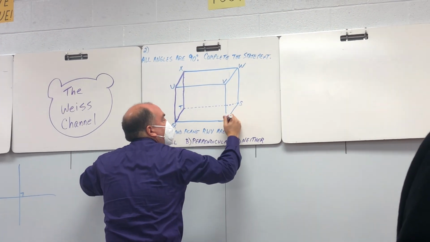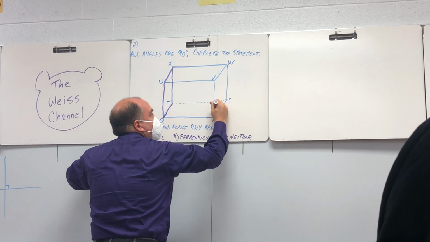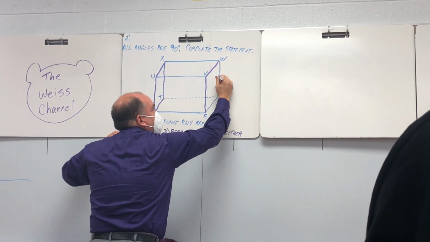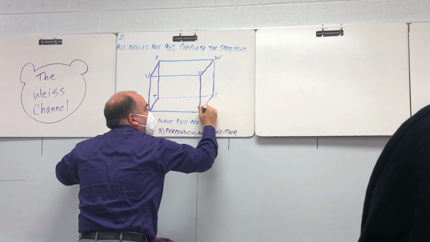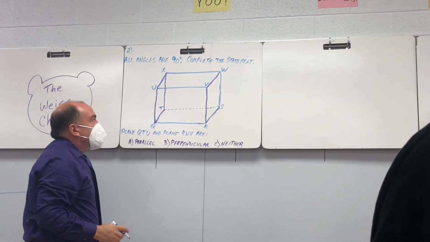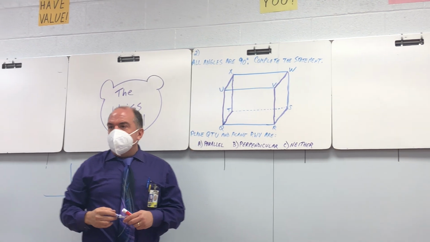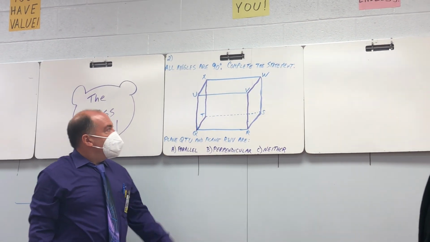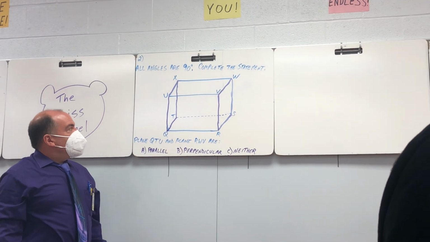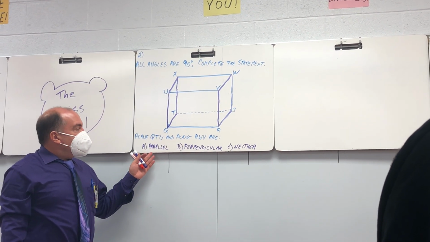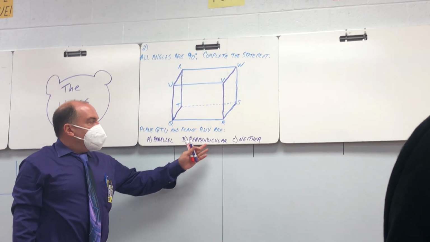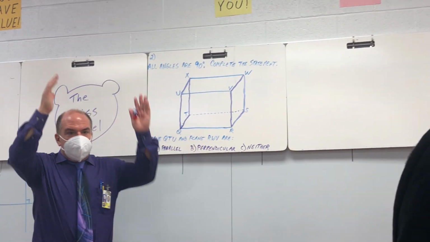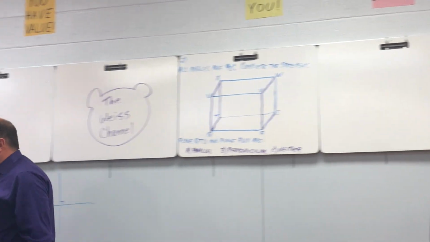Here's R, here's V, here's W. Now, are those two planes intersecting each other? No. So, would you call them parallel, perpendicular, or neither? They're parallel, aren't they?